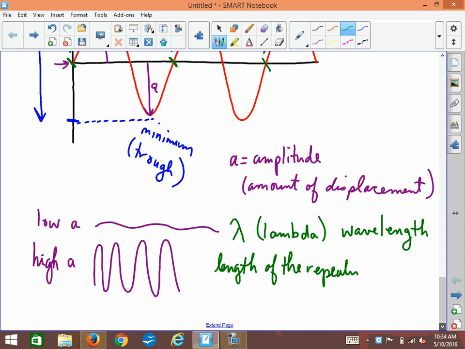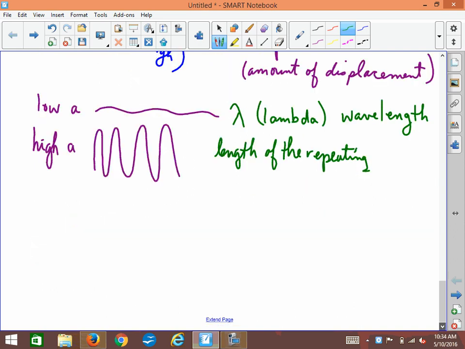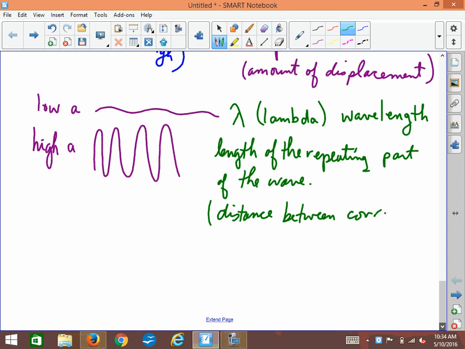Or the repeating part of the wave. Okay, just length of the repeating part of the wave. Another way of saying that is it's the distance between corresponding points on the wave. Corresponding points on the wave.